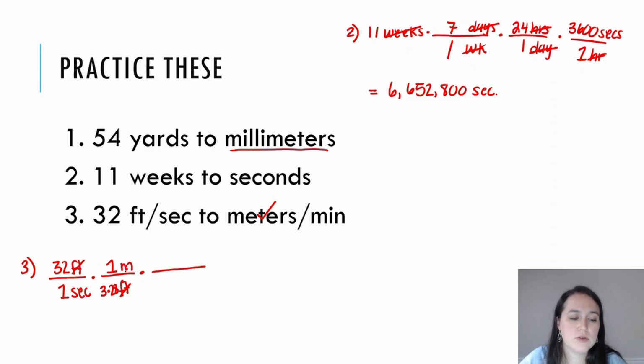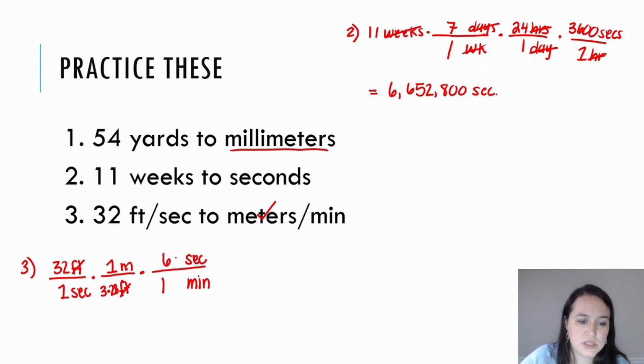All right. So I have meters on top, looking for seconds to minutes. So seconds is going on top. And then minutes is going on the bottom. So 1 minute is 60 seconds. So then seconds cancels out. That's what I want. So now I got a little bit of math to do here for top and bottom.